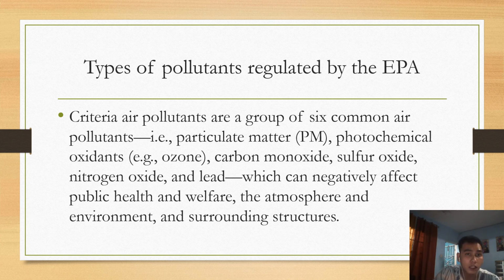Examples of this are particulate matter, or PM, and photochemical oxidants, an example of which is ozone. And next are carbon monoxide, sulfur oxide, nitrogen oxide, and lead, which can negatively affect public health and welfare, the atmosphere and environment, and surrounding structures.